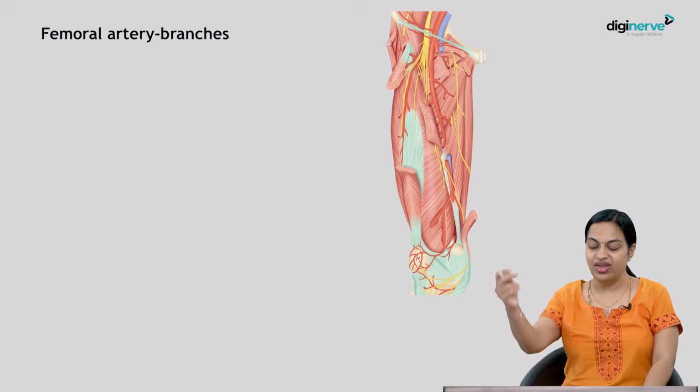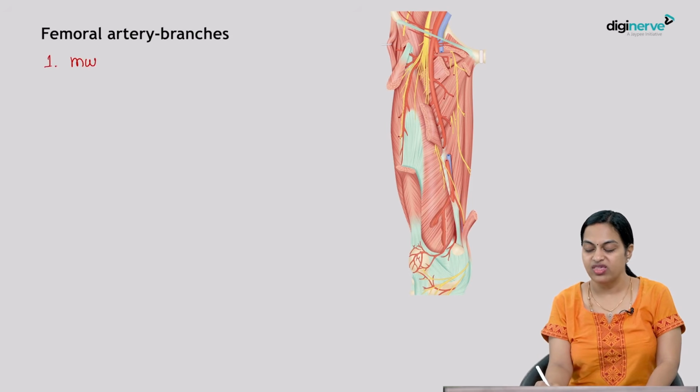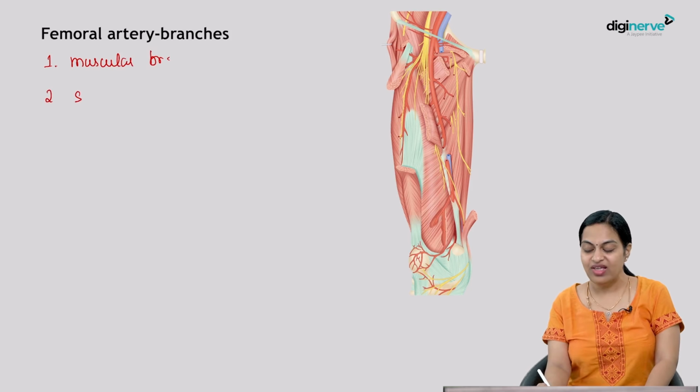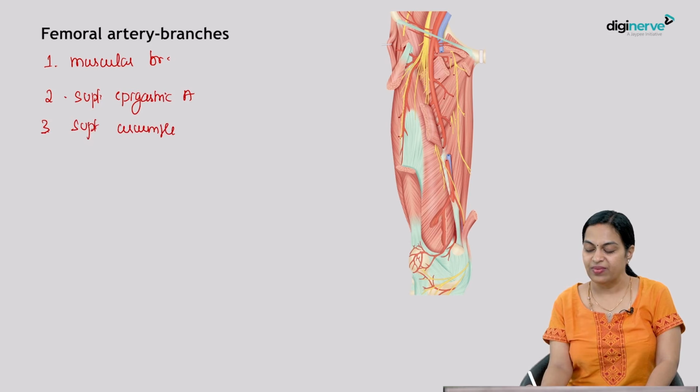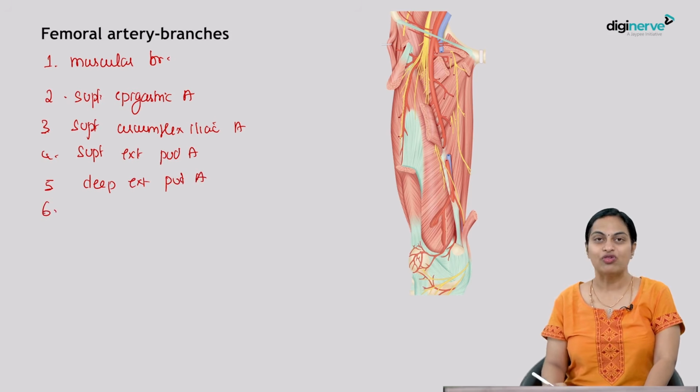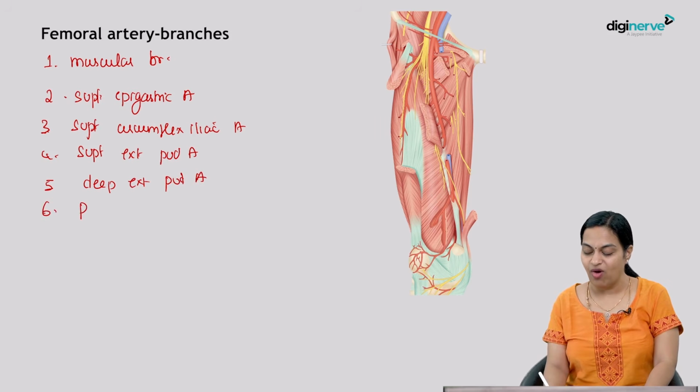Now let us look into the branches of this femoral artery. The femoral artery gives rise to the muscular branches that supply the muscles that we see in the front of the thigh. And then three superficial branches: superficial epigastric artery, superficial circumflex iliac artery, superficial external pudendal artery, deep external pudendal artery, and then the largest branch of the femoral artery, which I have been telling you recently, the profunda femoris artery.